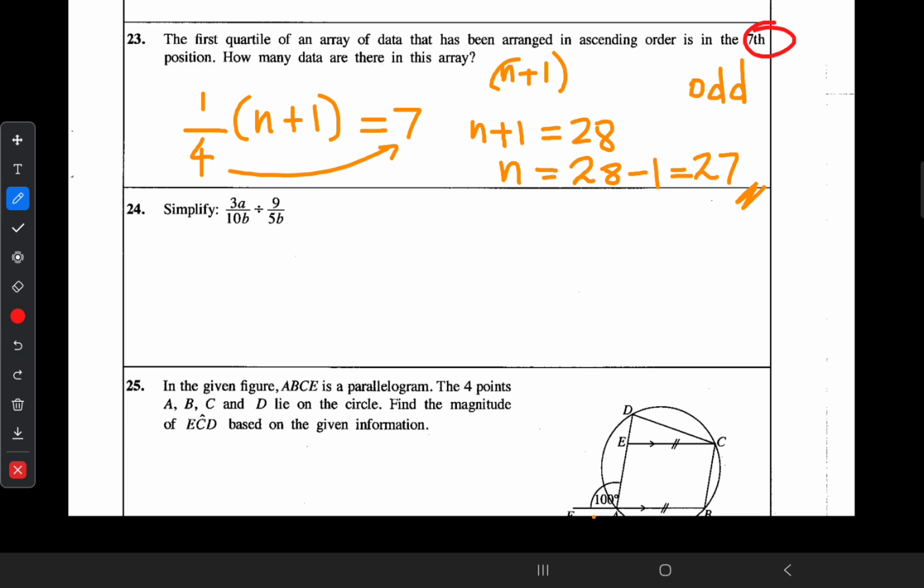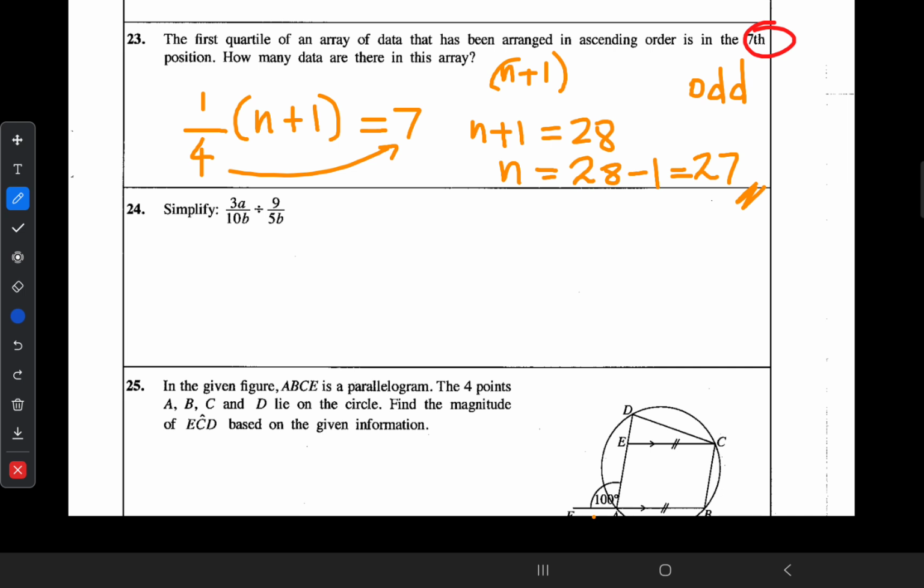Otherwise, if you divide an odd number by 4, that will give you a decimal, no? So we cannot have a decimal number of data in the array. That's why we add 1 to avoid that.